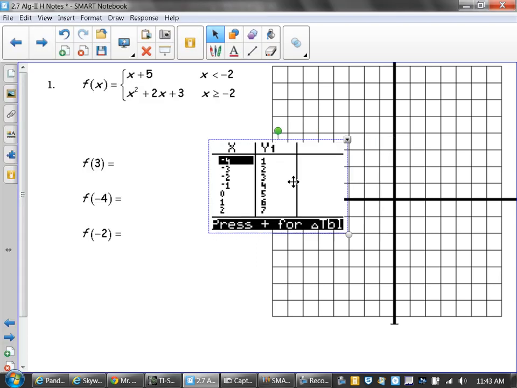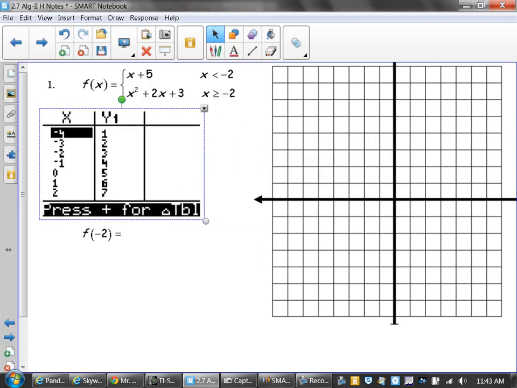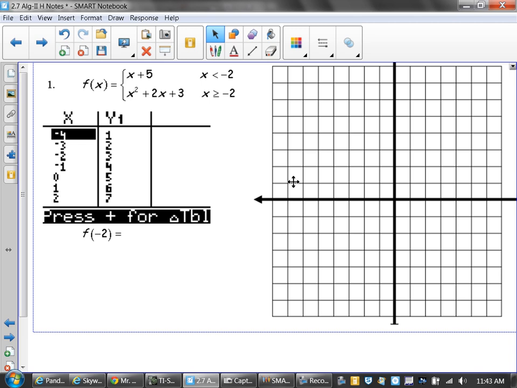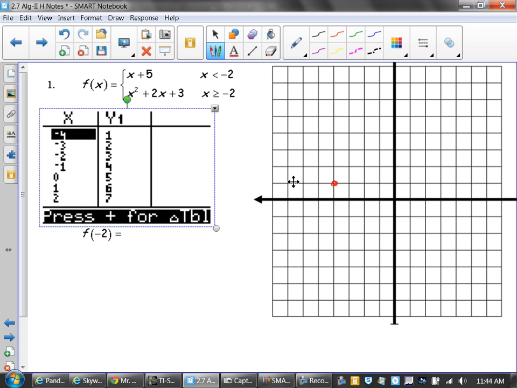I know that if I take these ordered pairs, x is -4, y is 1. -3, 2. -2, 3.